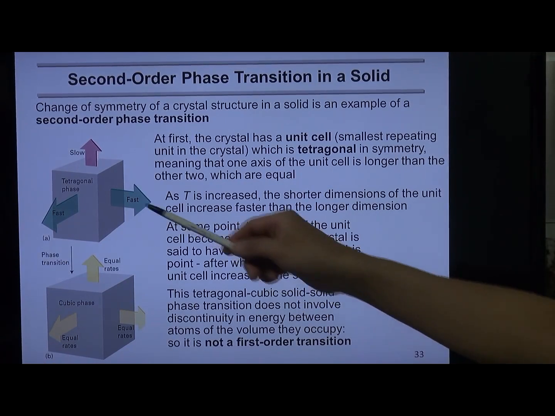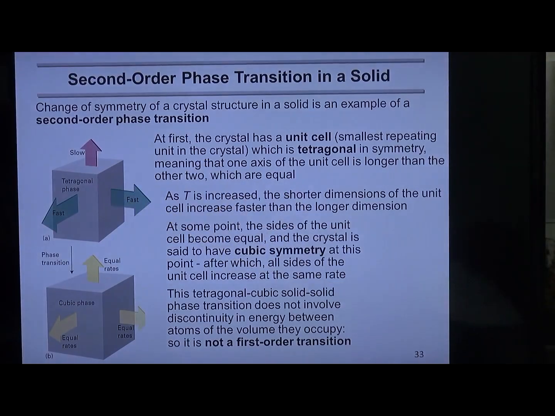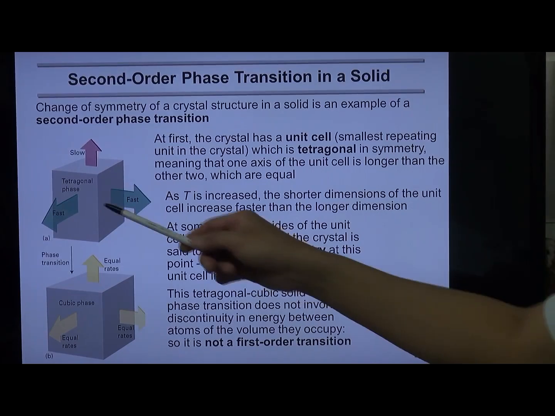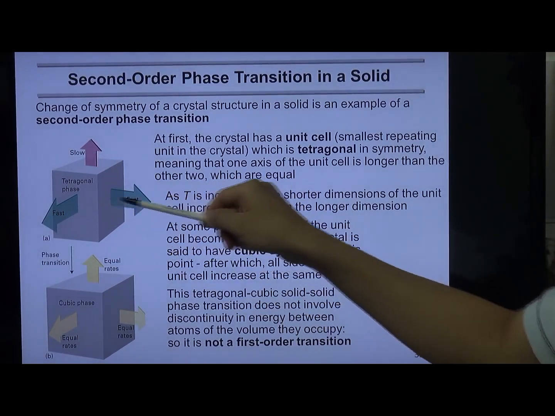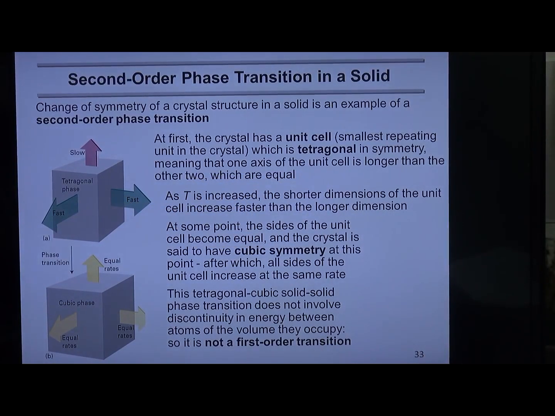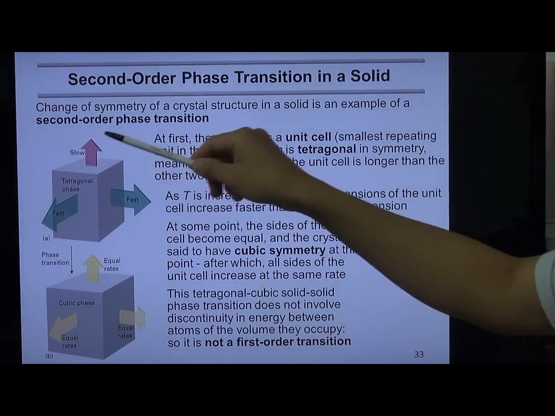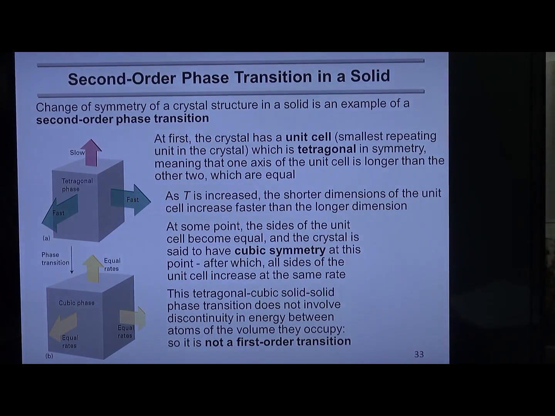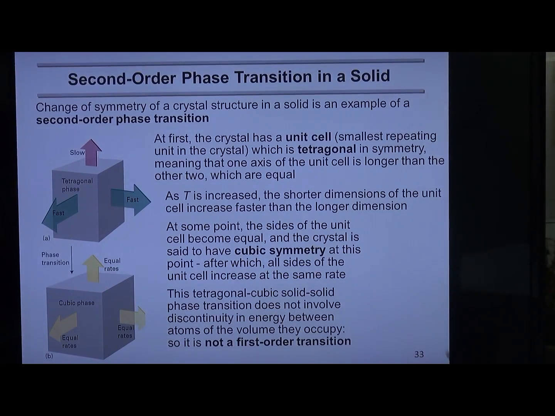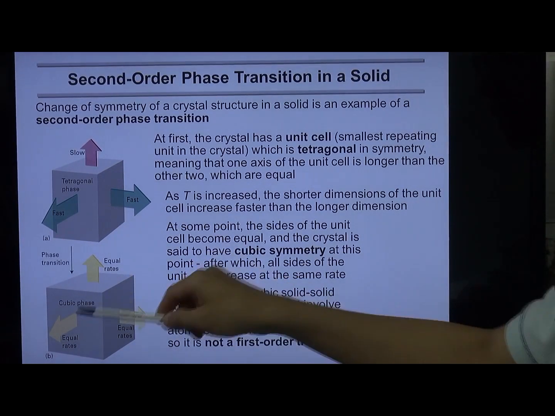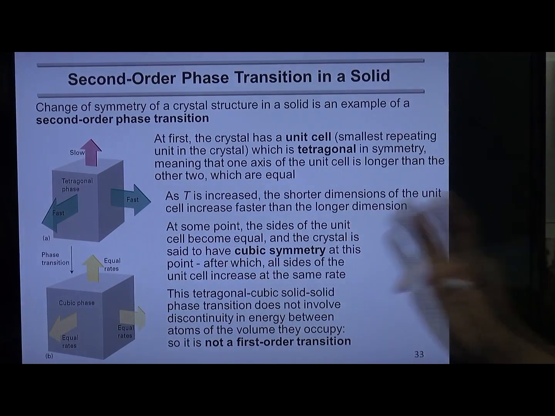So, for example, we have a crystal structure of tetragonal phase. Okay. And let's say that as we increase the temperature, in this direction, the horizontal direction, the crystal expands fast, okay? And on the other hand, in the vertical direction, it expands slowly, okay? And at a certain temperature, they would have the same, like a totally symmetric phase, right?